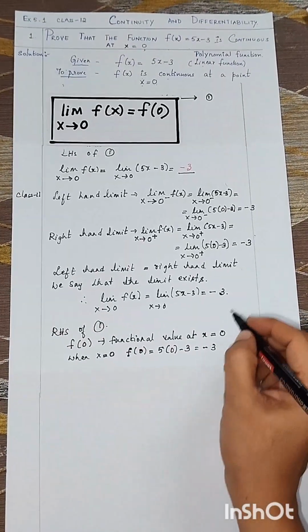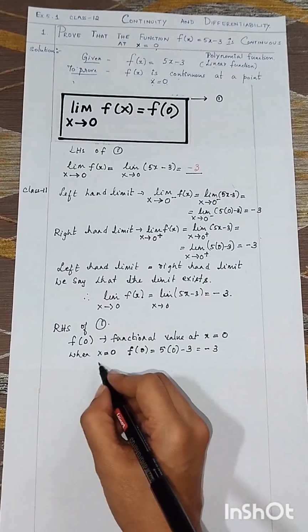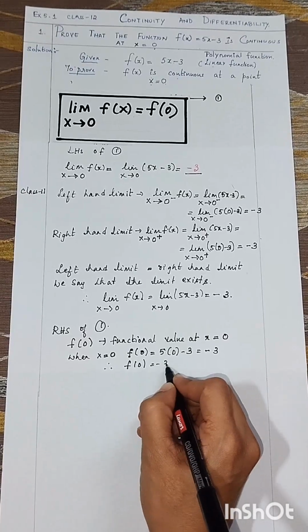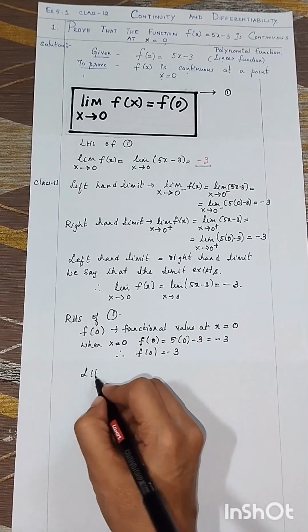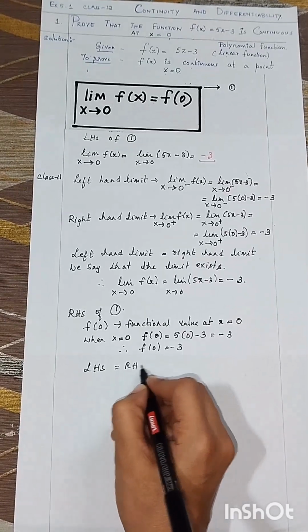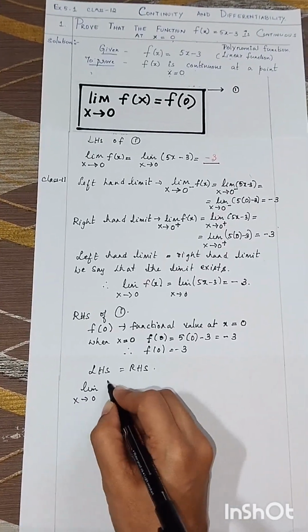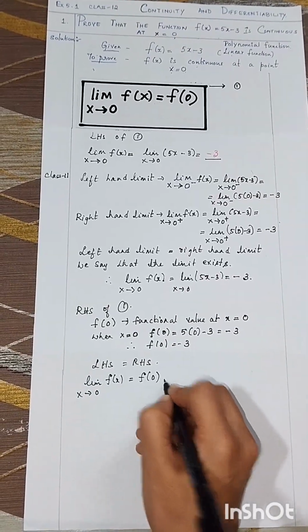So if you observe, we got minus 3 and f of 0 is also equal to minus 3. So we can conclude that the LHS is equal to RHS. That is, limit when x approaches 0, f of x is equal to f of 0.